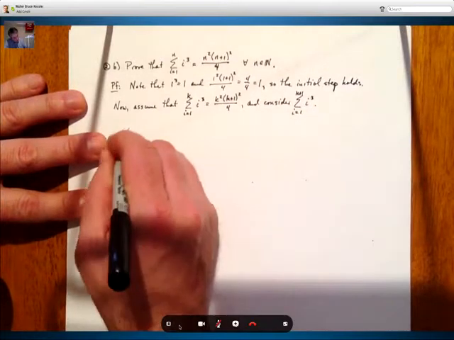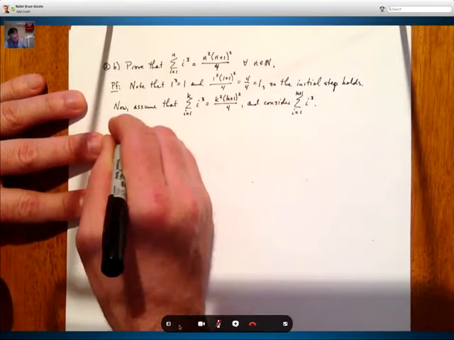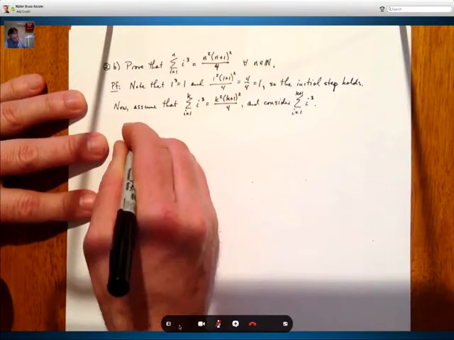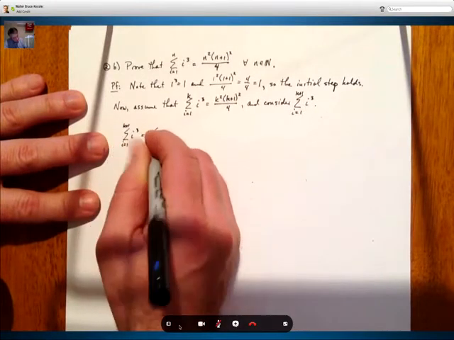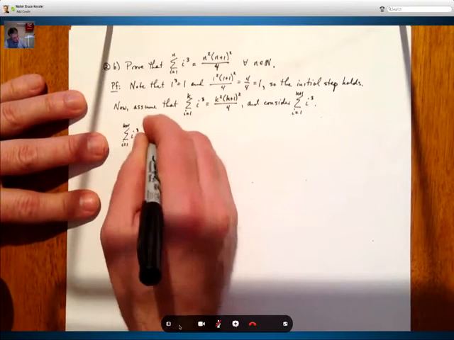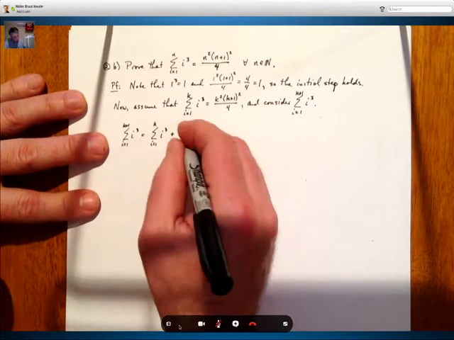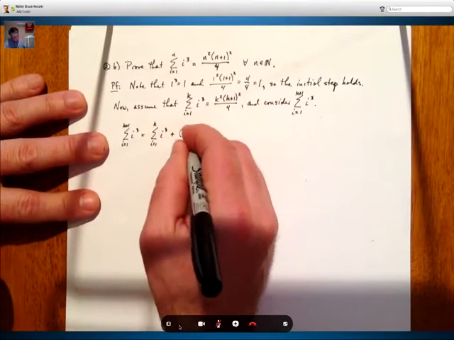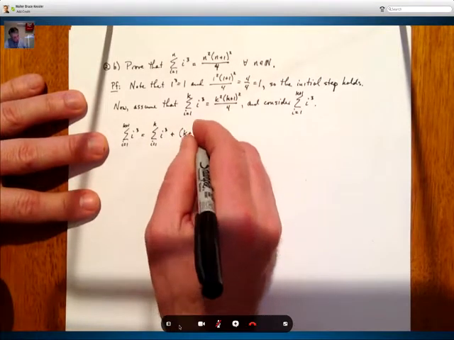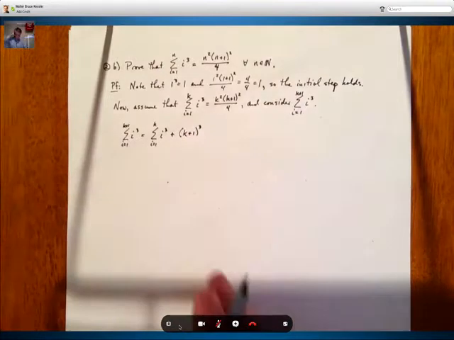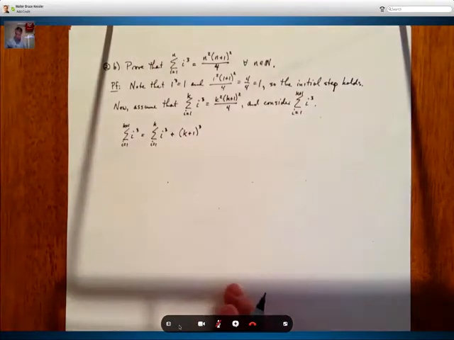So this sum, k plus 1, is this sum just to k, and then the k plus 1 term would be k plus 1 quantity cubed. Okay?